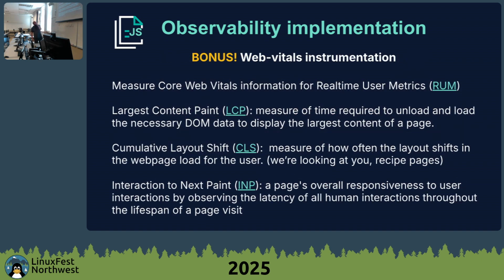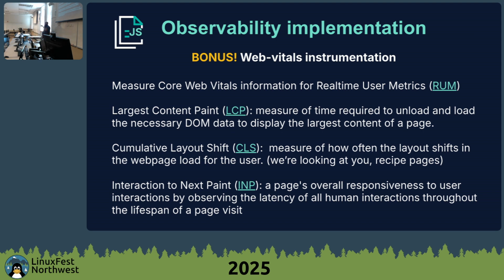Okay, now this is actually really cool. I got this information on Friday, and I was driving up here from Port Orchard, and I was like, oh, that's awesome. I'm not going to work on that right now, but I did work on this last night. So I can't go into this too much, but basically, we have a Web Vitals instrumentation.